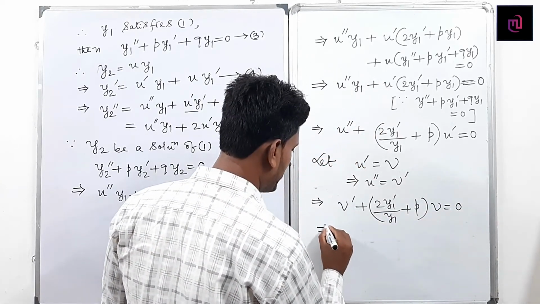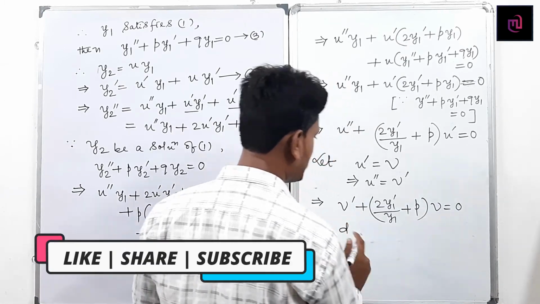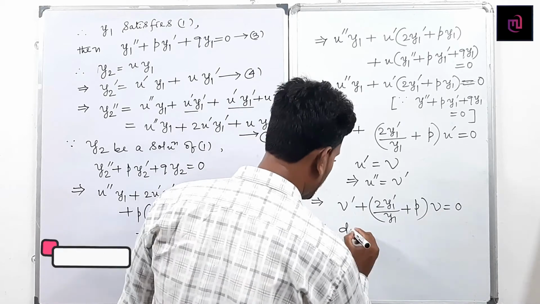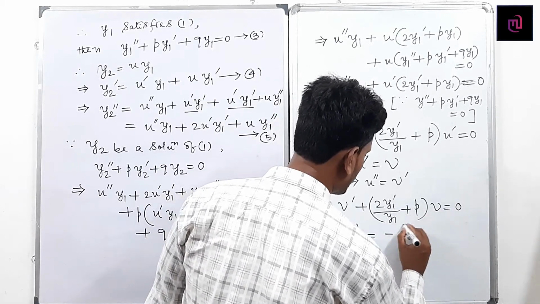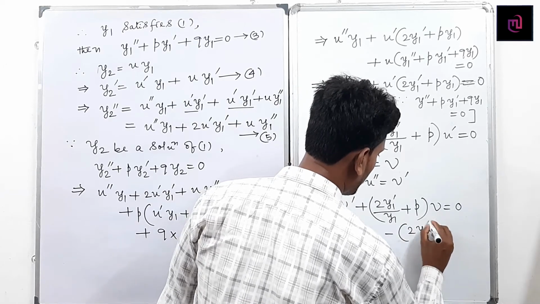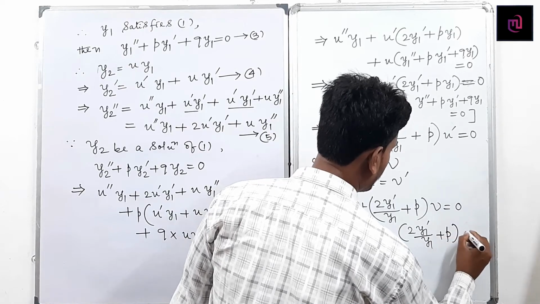Separate the variables: dv by dx, so dv by v equals minus of 2 y1 dash by y1 plus p into dx.